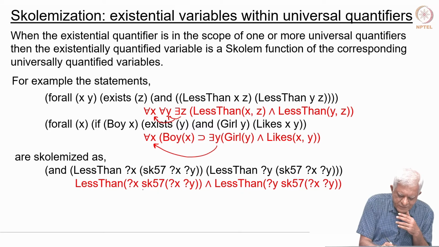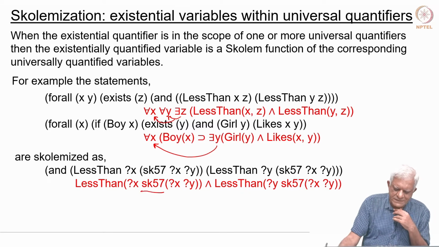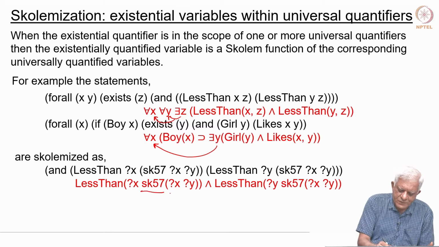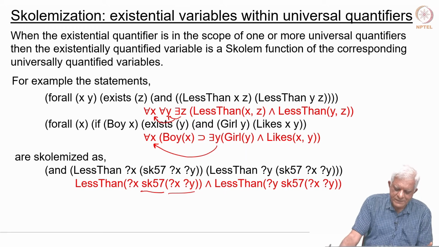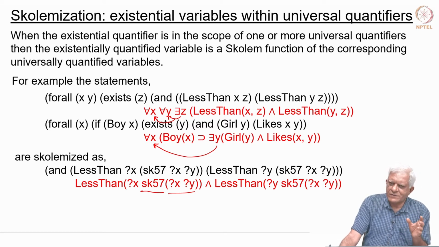So, we use similar names for functions also, because the context makes it clear. So, this function is called SK57, and it is a function of both x and y essentially. In some sense, we are saying the value of z depends upon the value of x and y. In that sense, it is a function. It is not a function in the sense that 2 plus 4 will always be 6.